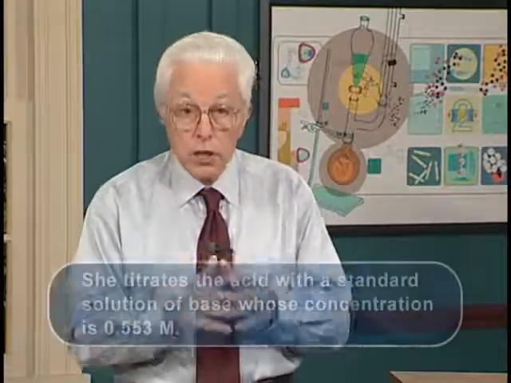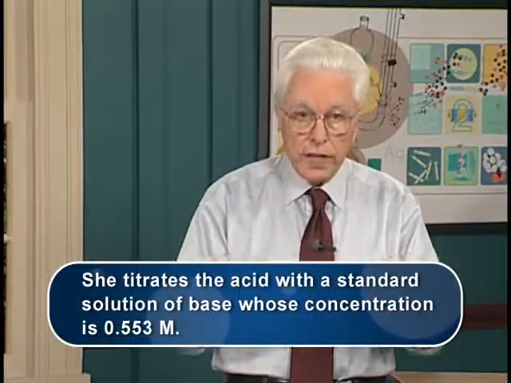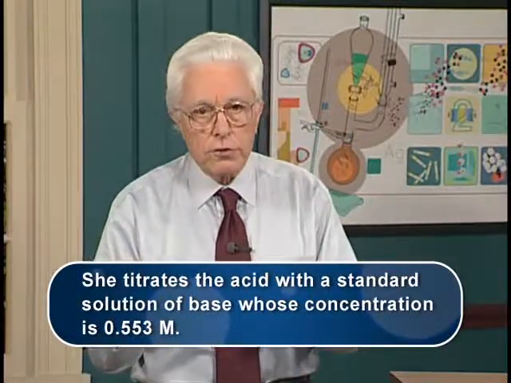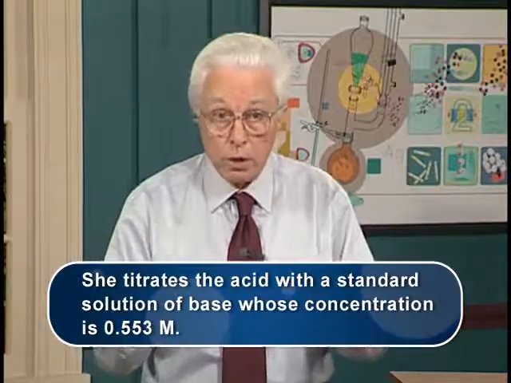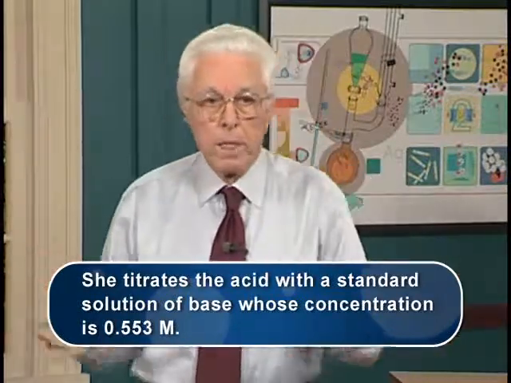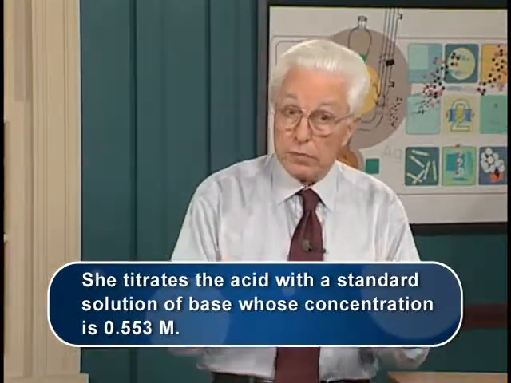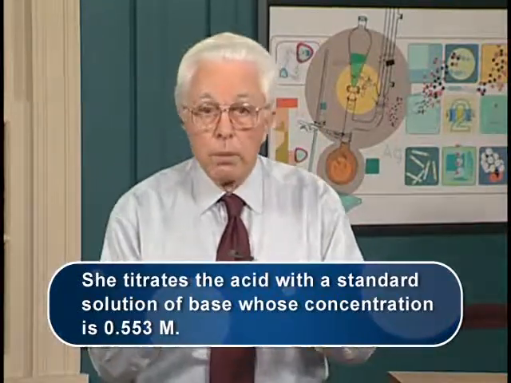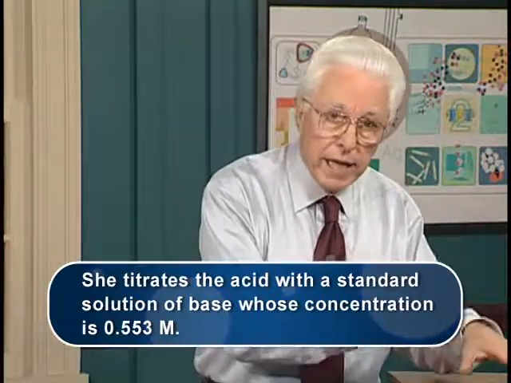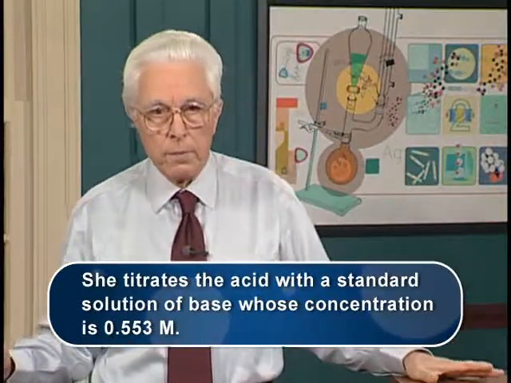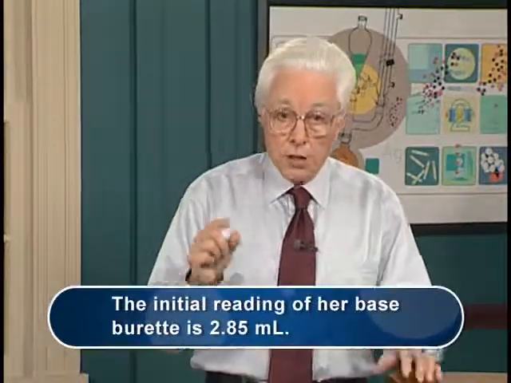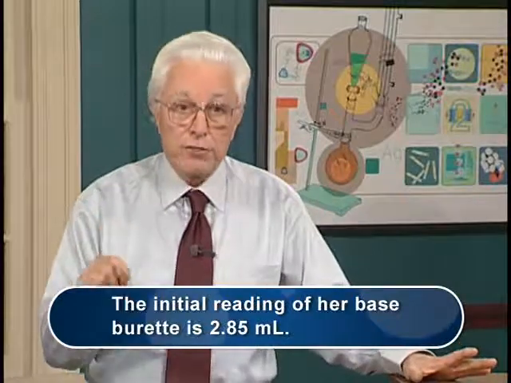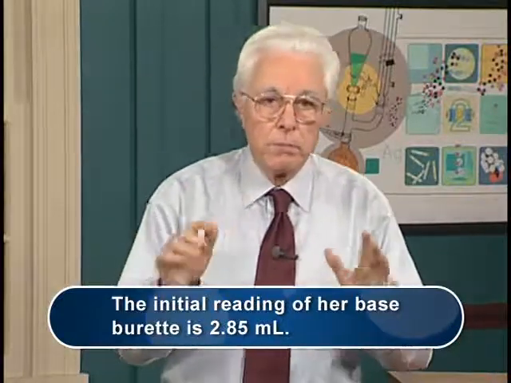Second sentence. She titrates the acid with a standard solution of base whose concentration is 0.553 molar. Straightforward statement. I know the concentration of the standardized base solution, which I know I will need to calculate the number of moles of base that are added to the acid. Nothing unusual here. Third sentence. The initial reading of her base burette is 2.85 milliliters.